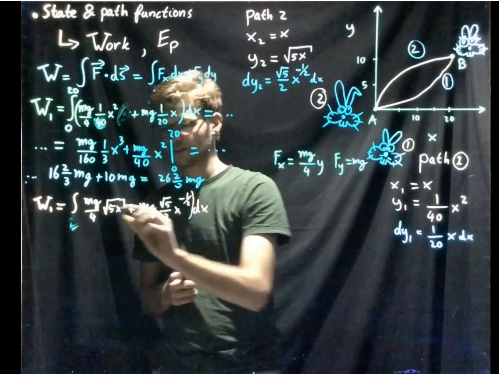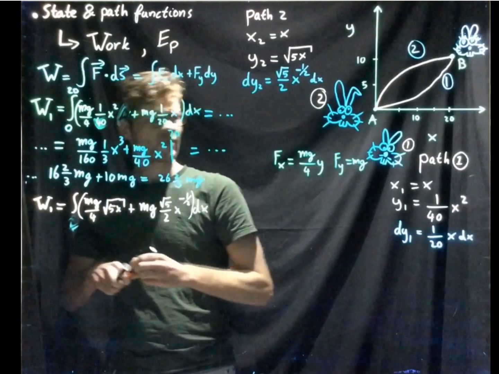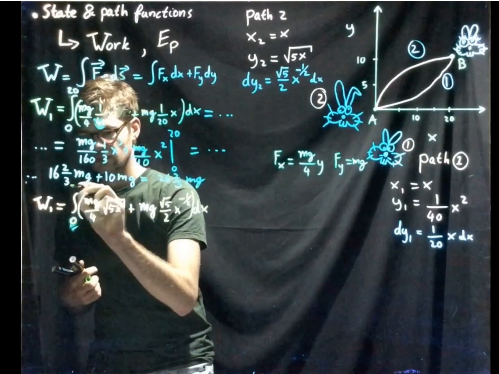Put it between brackets. Now I can do my integration again, between 0 and 20.